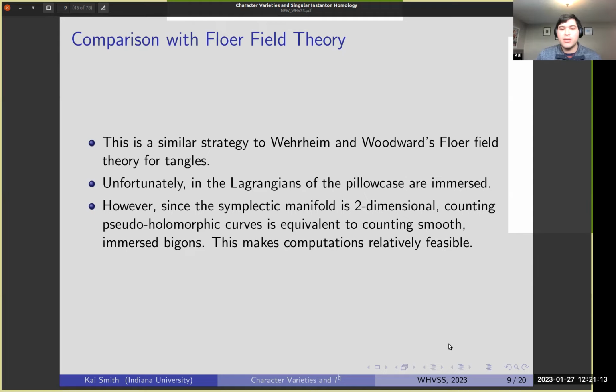And that means counting pseudo-holomorphic curves is equivalent to instead counting smooth immersed bigons, which is a much easier thing to do. So if we can get over this hurdle of immersed Lagrangians, the computations in this case are relatively feasible, easier than doing them in instanton homology, or generally easier than the Floer field theory idea.